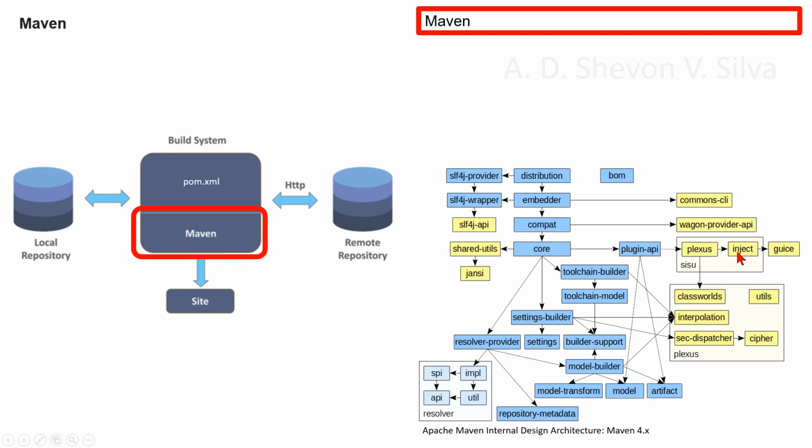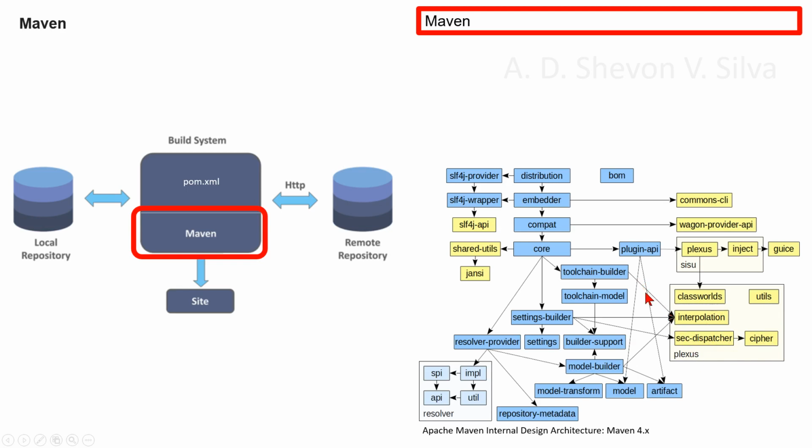Plexus is connected to Inject, which is connected to Guice, and Plexus is connected to class worlds, and inside the Plexus you can see class worlds, interpolation, sec dispatcher, cipher and utils.